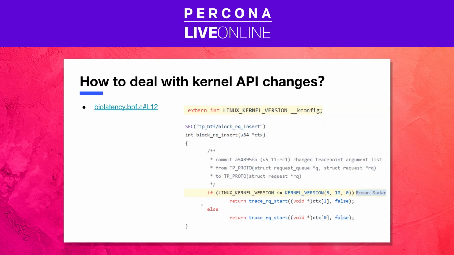BPF programs can define an extern variable with a well-known name, such as LINUX_KERNEL_VERSION, to extract the running kernel version, or a name that matches one of the Kconfig keys, such as CONFIG_HZ, to get the value of HZ that the kernel was built with.